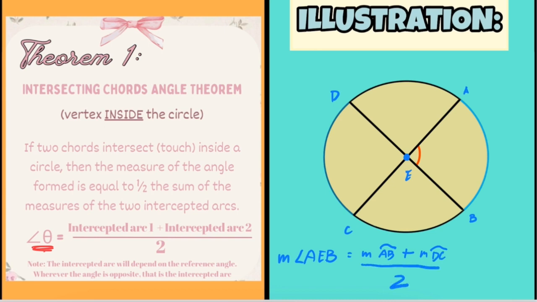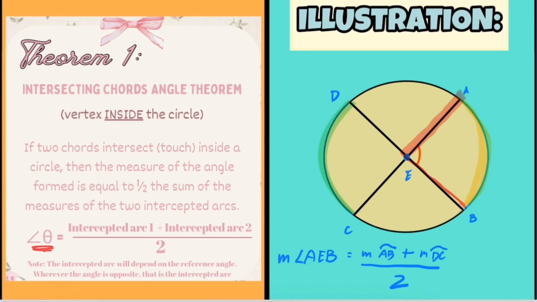So that's the application of it. Once again, first, you get your angle. We have angle AEB. Therefore, its intercepted arc is none other than AB. And the one opposite to it is DC or CD. So that's where the formula came about. So that is the intersecting chords angle theorem.